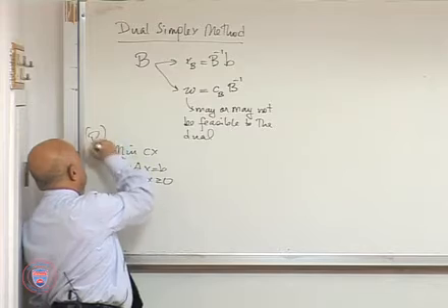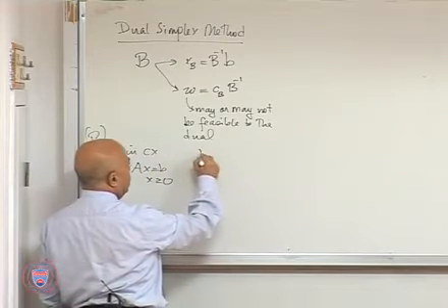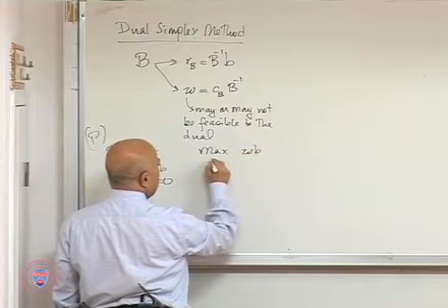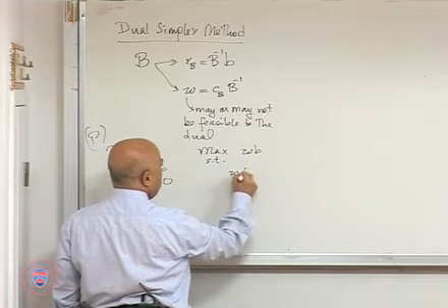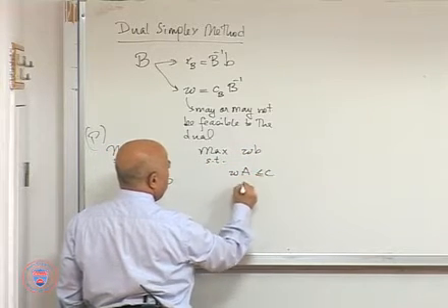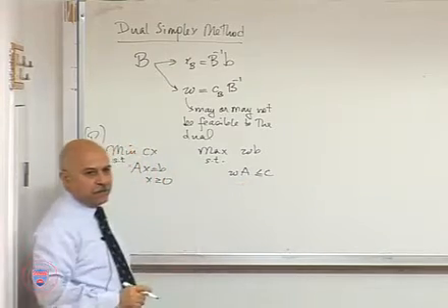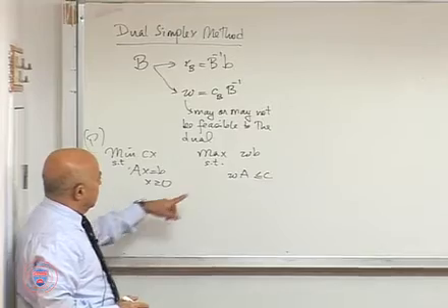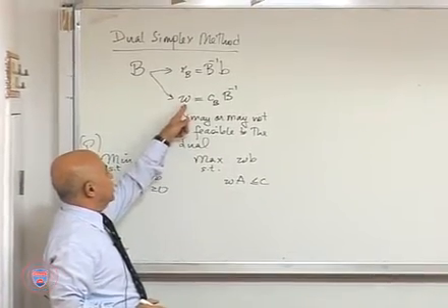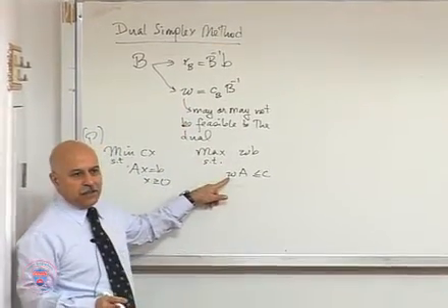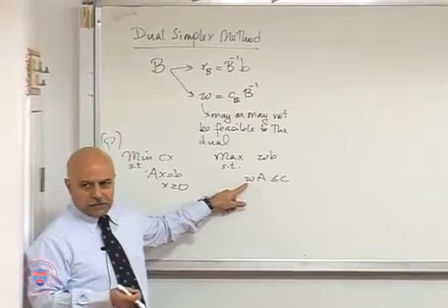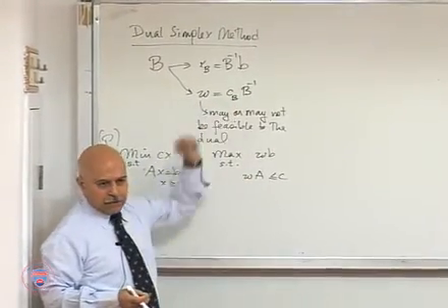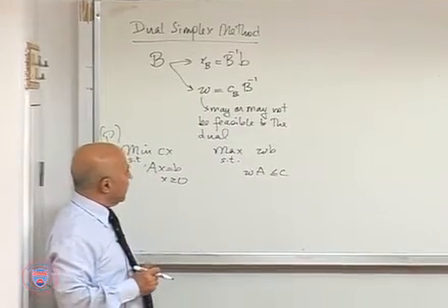If this is your primal problem, then the dual problem is a maximization problem, maximize Wb subject to WA less than or equal to C, with no restriction on the W. Of course, W here is a generic vector of variables. It's a dummy vector. Here, it's defined in a particular way, so there's a difference.